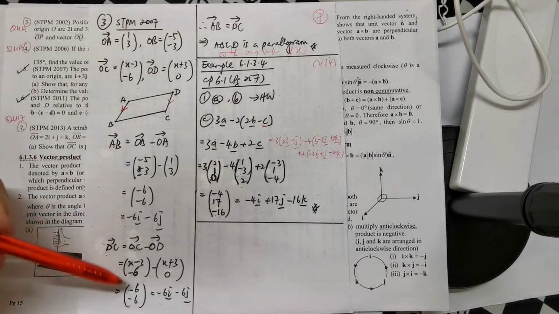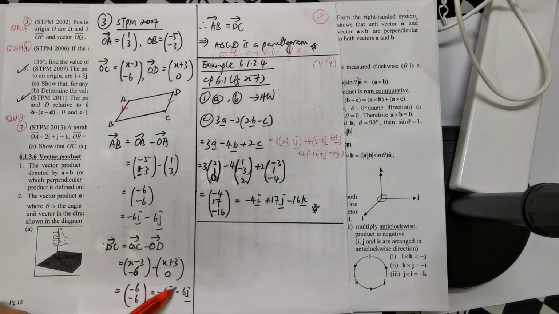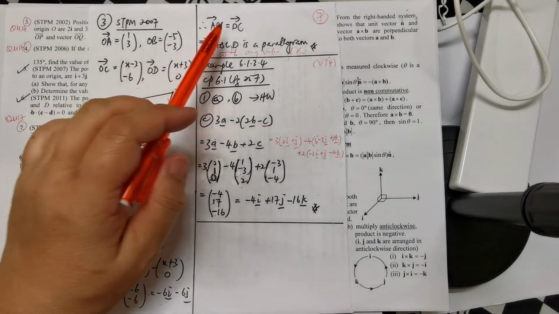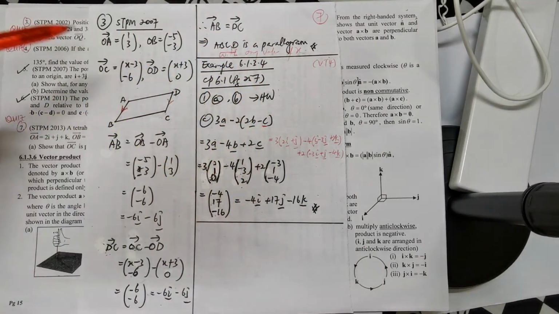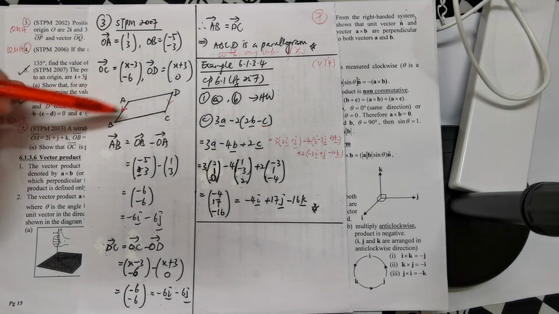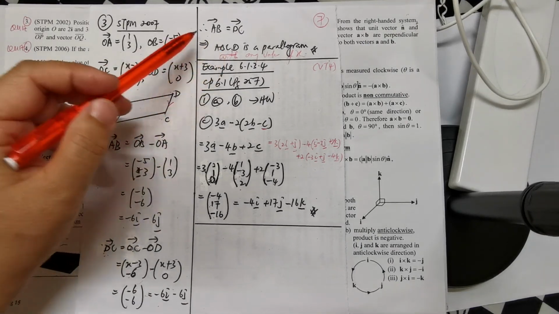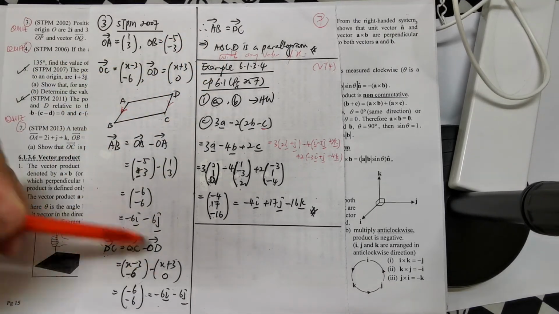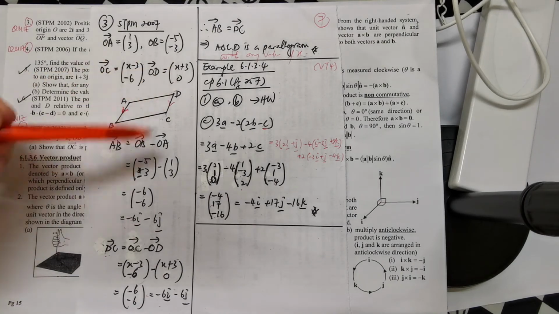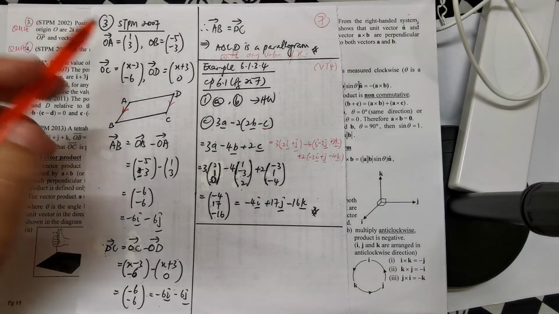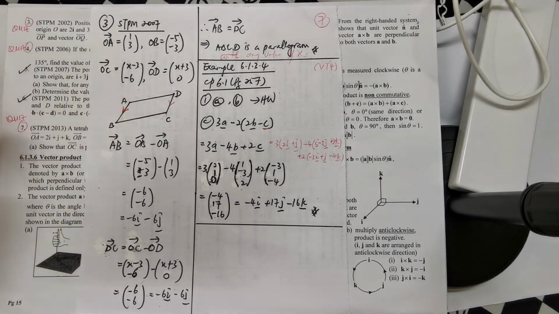So this is AB, this is DC. So you see, they are exactly the same. So since AB and DC are the same, same direction, same length, definitely another pair also will be the same. Therefore, it is a parallelogram. And it is free from x, you see, no more x. So no matter what is your x, your ABCD is a parallelogram. Remember, this is part A that we have discussed. All right. So now we are going to see part B.